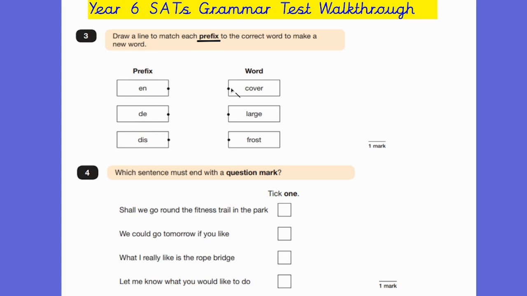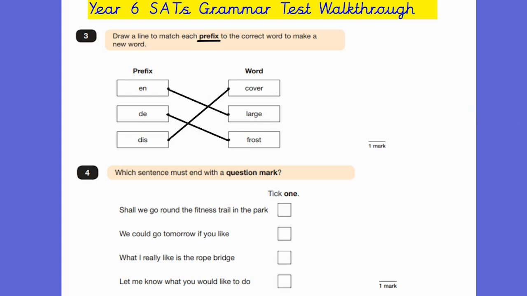For cover, I know that I would add dis to the beginning of cover to make discover. I would add en at the beginning of large to make the word enlarge, to make something bigger. And then to frost, I would defrost something. So it would be enlarge, discover, and defrost.